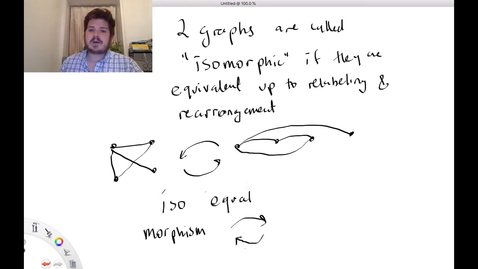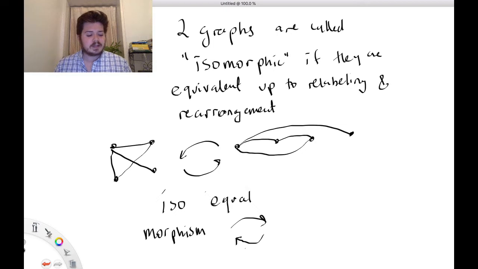So it's a type of morphing of the graph where it's equal. It does not change much. So this is called an isomorphism of graphs, where you're just rearranging things and not really changing the basic structure of the graph.